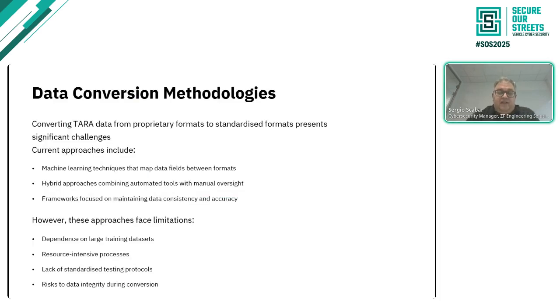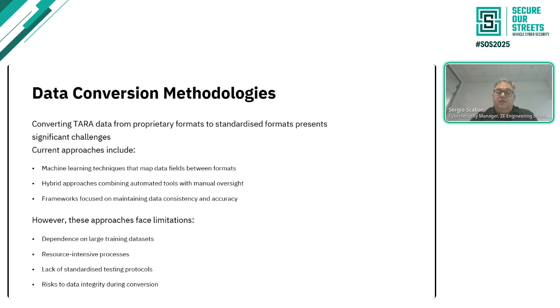And let's finish the literature review with data conversion methodologies. Converting TARA data from proprietary formats to standardized formats presents significant challenges. Current approaches include machine learning techniques that map data fields between formats.